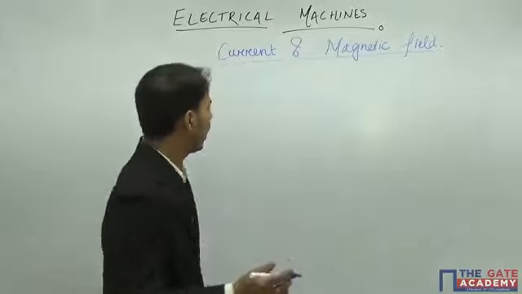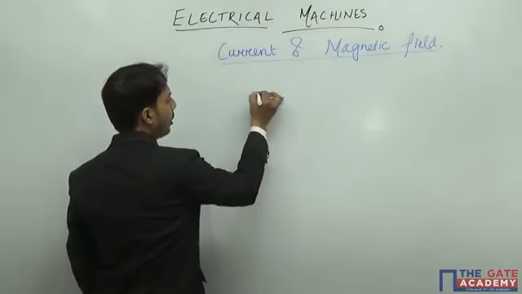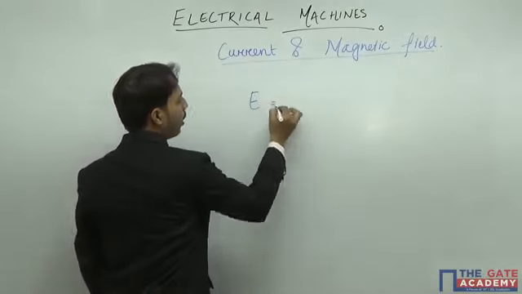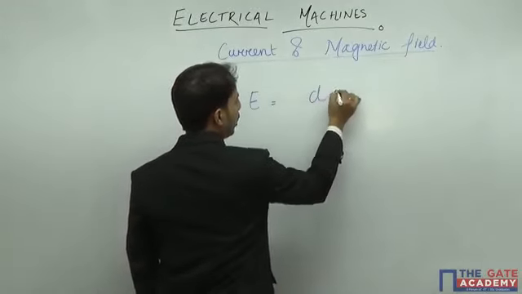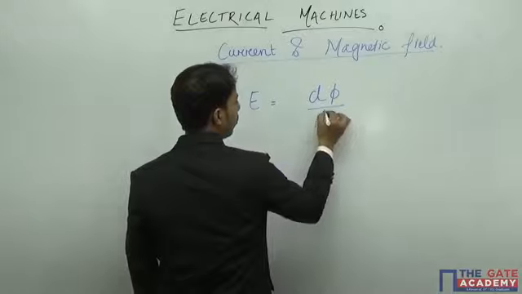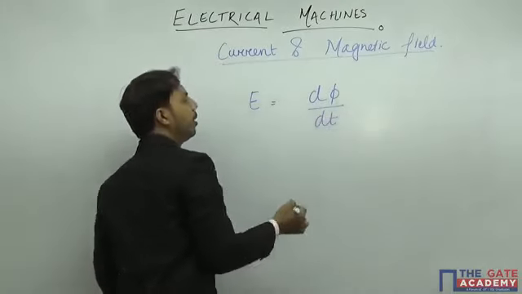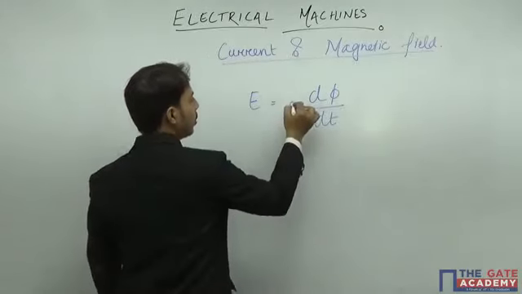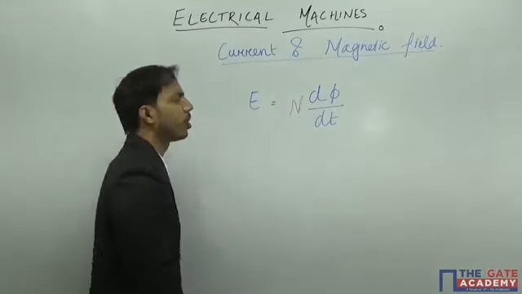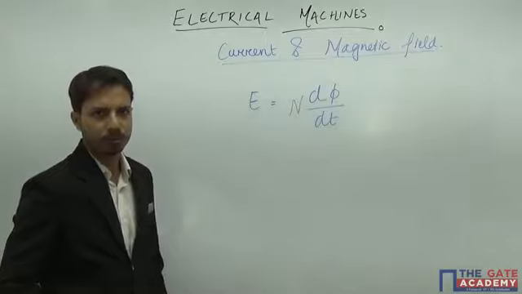Or in other words, we can say that EMF is induced in a coil, and that EMF is nothing but the rate of change of flux, and say there are n turns in the coil, so we'll have the number of turns n also.